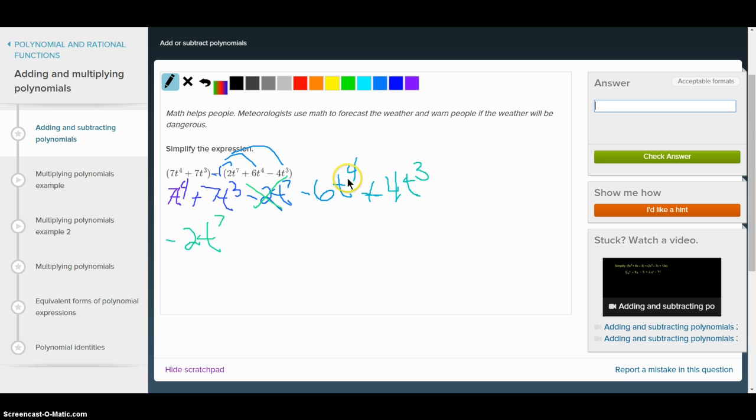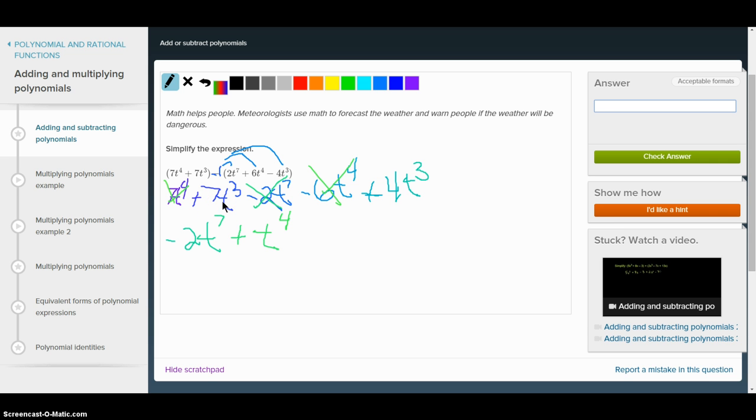These t to the fourth terms are the same, so we just combine these coefficients. We can look at this as 7 minus 6 as the coefficient, and that's just going to be 1. So it's going to be plus 1t to the fourth. Alright, so we're done with those.